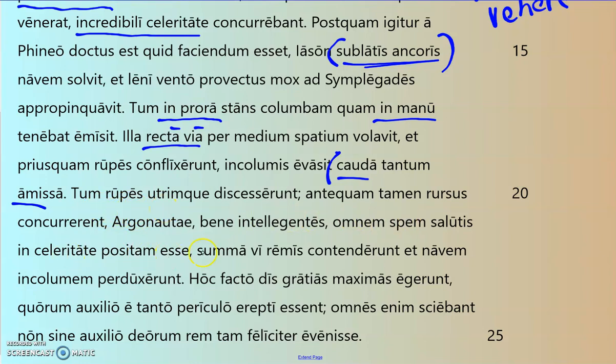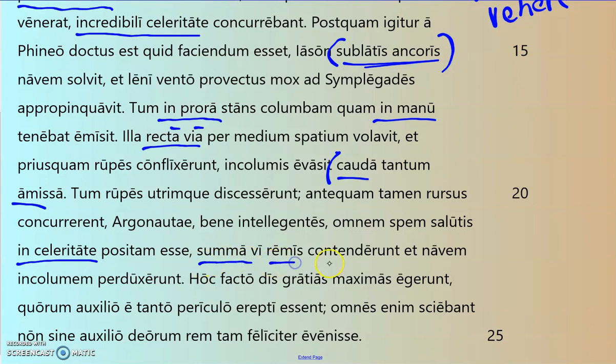Let's see. They put all their hope of safety in speed. Object of preposition. Not sure exactly how I described that one. I mean, in a way, well, yeah. And then this one is a little complicated.